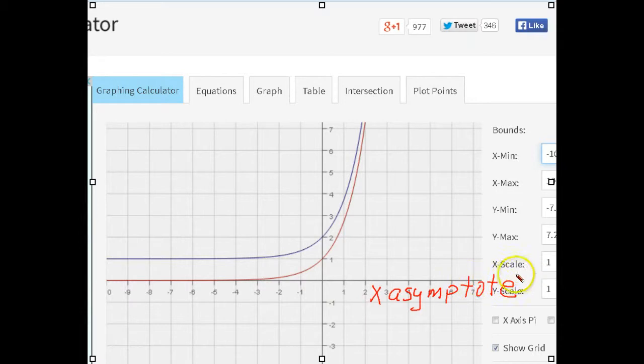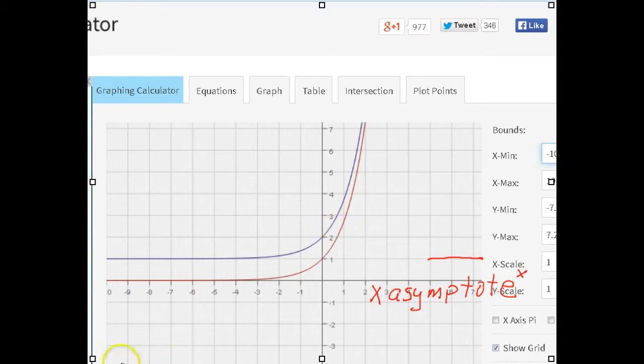I'm sorry, your x-axis. This x-axis, that's the x asymptote. And what it's done now is it's shifted up 1. So your new x asymptote is 1. This one. This is your new x asymptote. Okay, and it just shifts everything up by a positive 1.